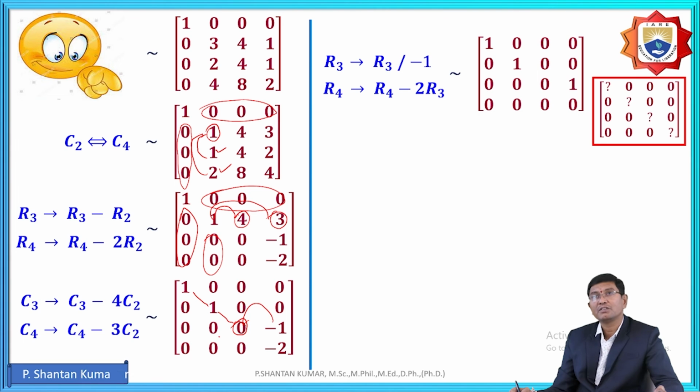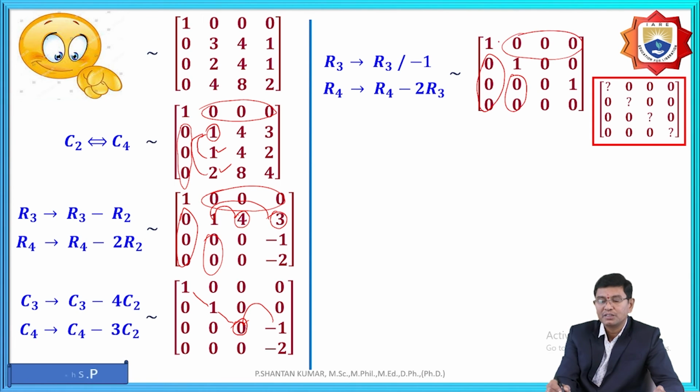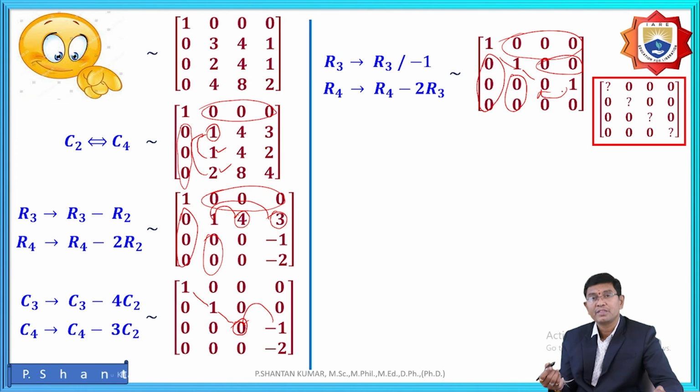Using this, we obtain this matrix, but it is not yet in normal form. Here we obtain 0s, but one value is still required. Therefore, by interchanging C3 and C4, it clearly satisfies the normal form.